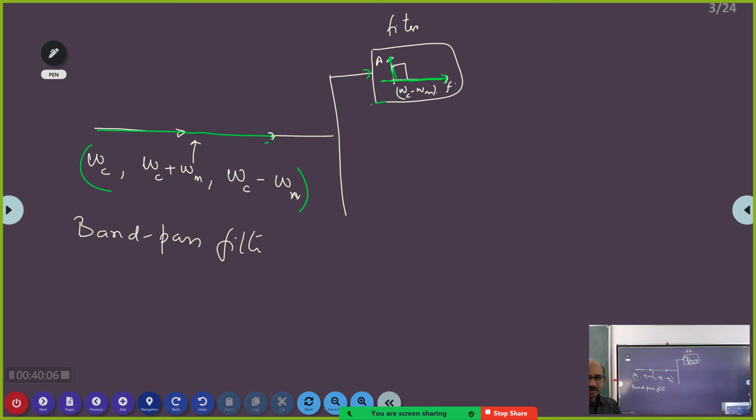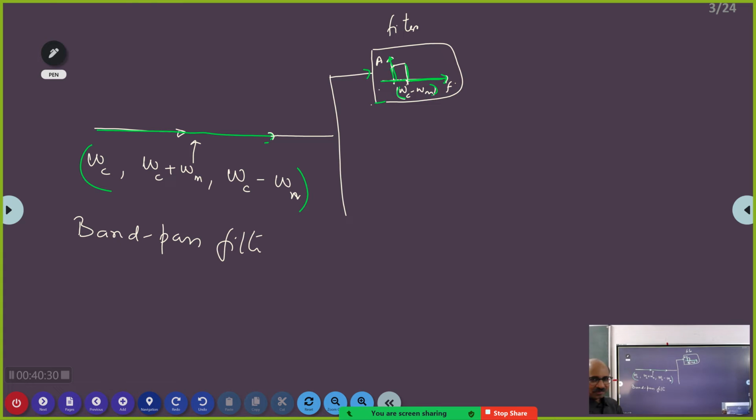Got it? Filter will allow all frequencies below this frequency, but it will not allow any frequency above this frequency. And that particular frequency means what? Omega c minus omega m. That is included. Good boy. When I draw it like this, that means this is also included.